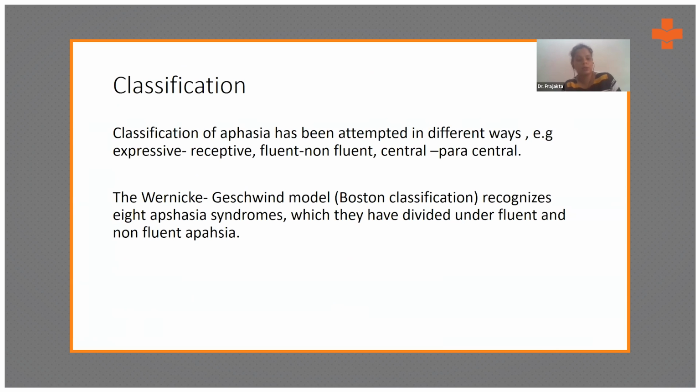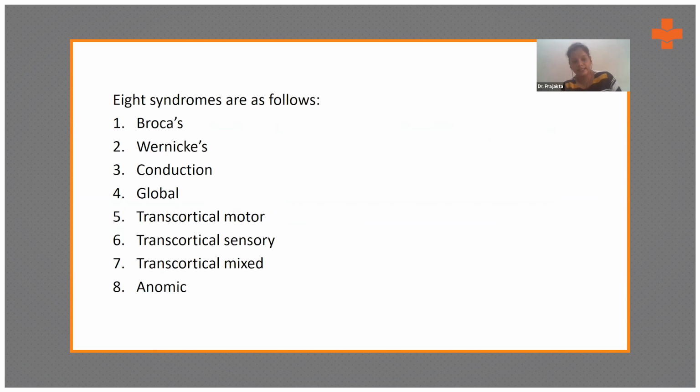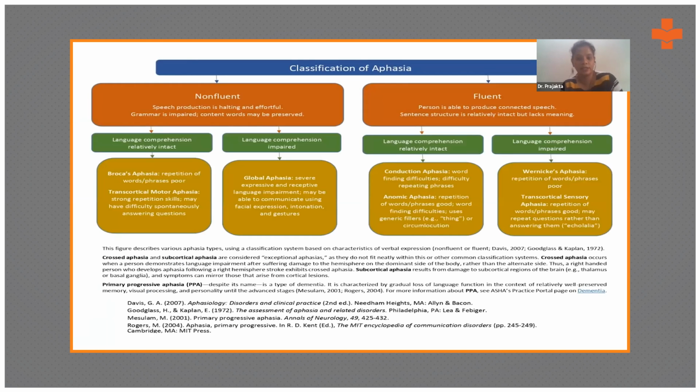I have gone with the Wernicke-Geschwind model, the Boston classification, which recognizes 8 aphasic syndromes divided under fluent and non-fluent aphasia. The 8 syndromes are Broca's, Wernicke's, conduction, global, transcortical motor, transcortical sensory, transcortical mixed, and anomic. This is the classification of aphasia.